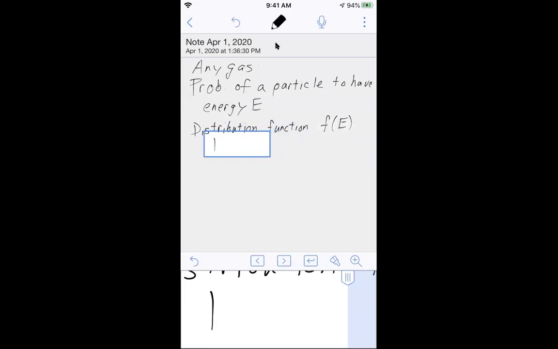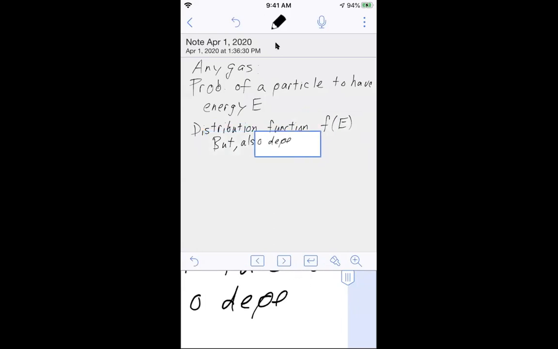But that also depends on the degeneracy.